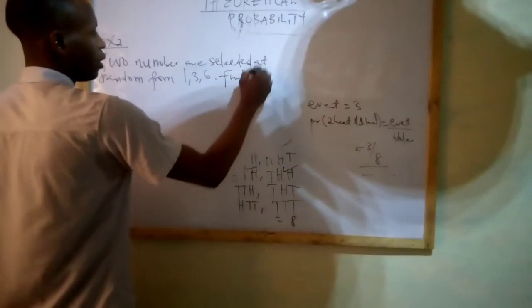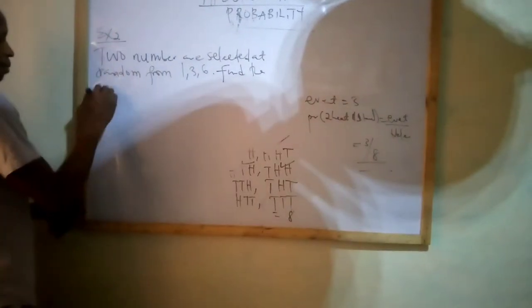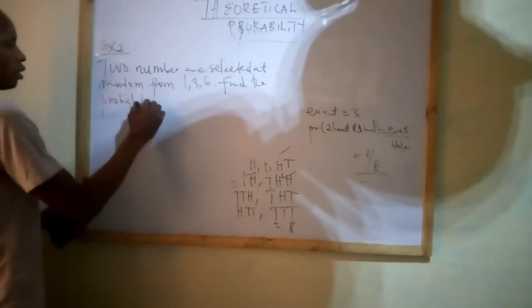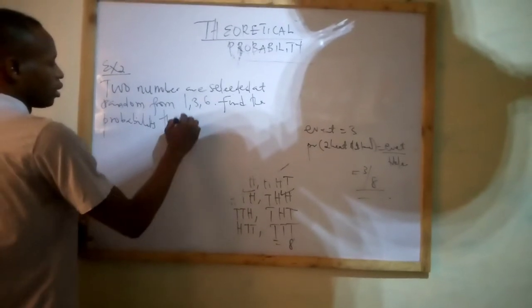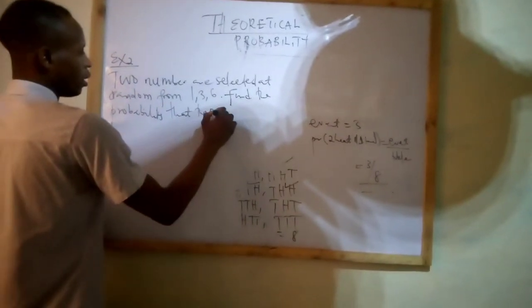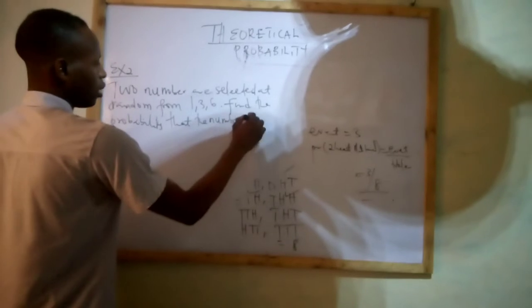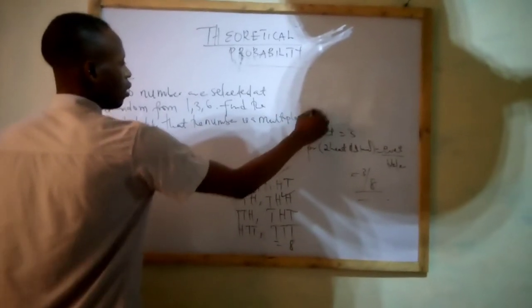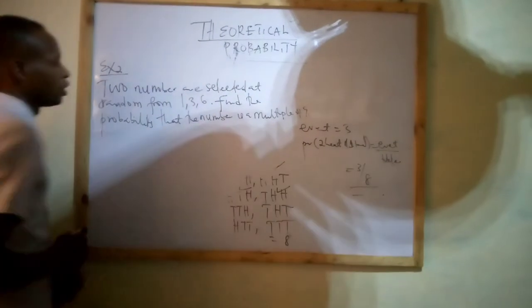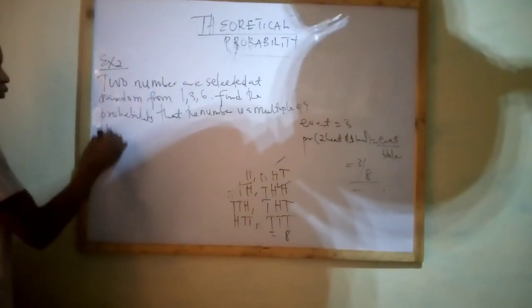Find the probability that the number is a multiple of 9. That is the question. Okay, solution.